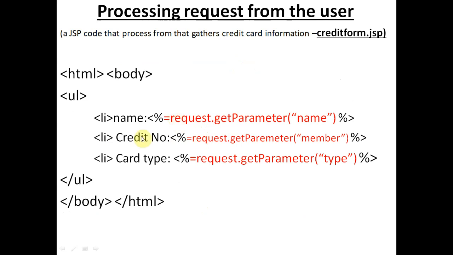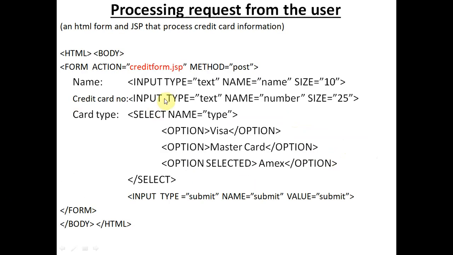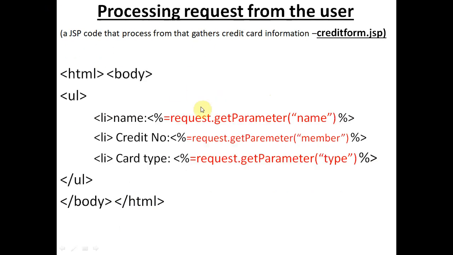Here we have written percent equals request.getParameter name, then request.getParameter number, the second variable, and again percent equals request.getParameter type. You can see in the previous page we have name, number and type, and the same variables are retrieved here.